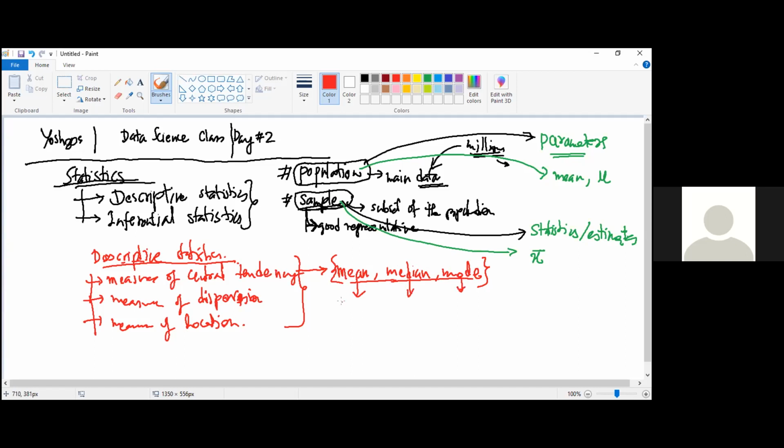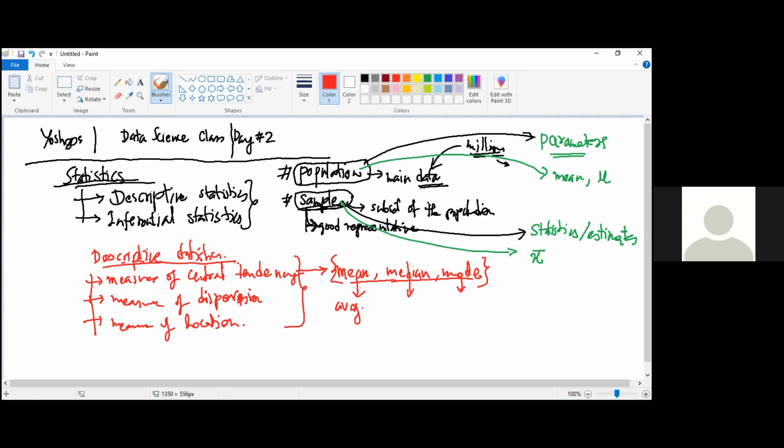When we talk about mean, we are talking about the average of the data that we have in our sample or the population. Now, when I talk about descriptive statistics, I'm actually talking about population, but these statistics or quantities can be calculated for samples as well.